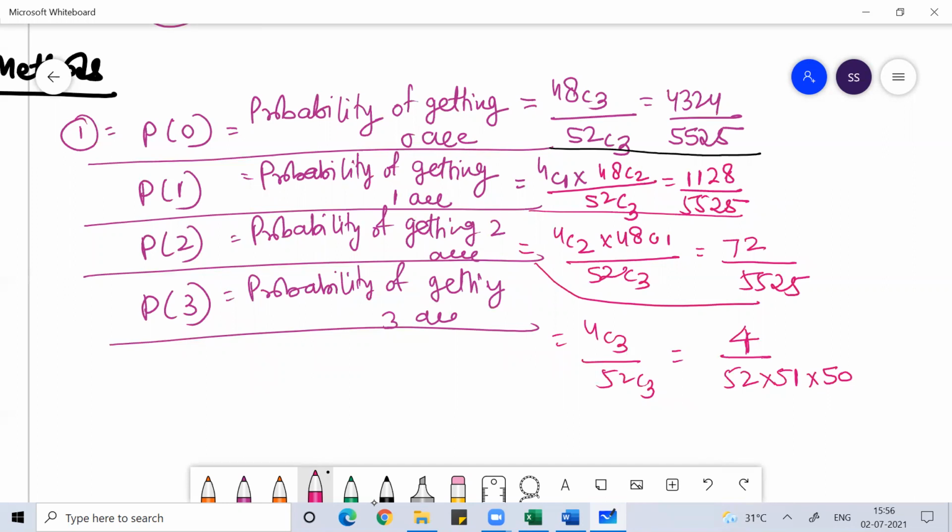So that would be 4 divided by 52 into 51 into 50, divided by 6. I'll bring the 6 up.